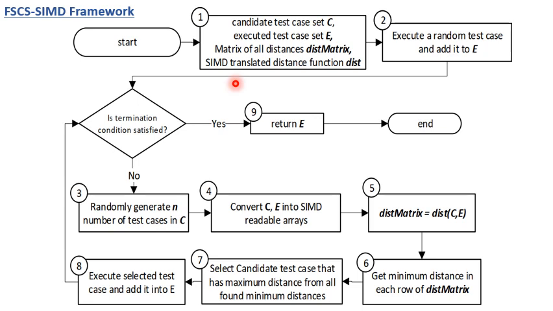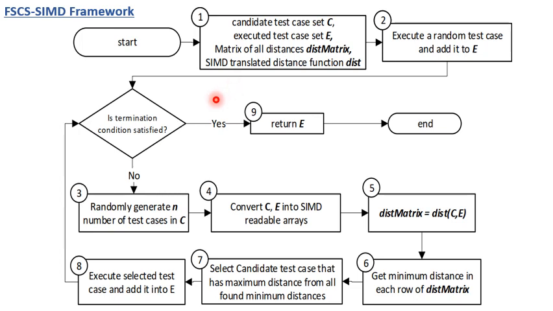If there are n elements in C and m elements in E, the rank of the distance matrix will be n cross m. Translating a distance function into SIMD instructions means using SIMD intrinsics for programming the distance function so that only one unique distance calculation instruction can be applied to a batch of elements of C and E fetched into SIMD registers.